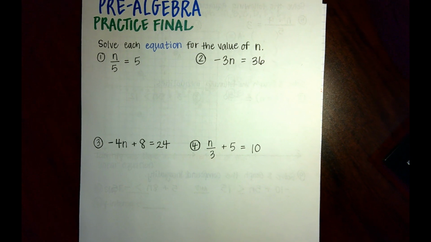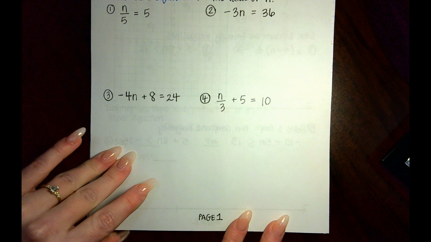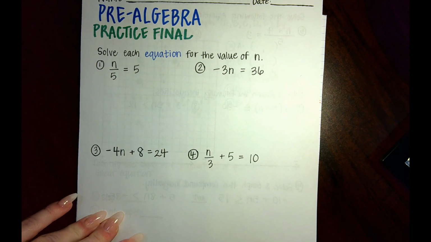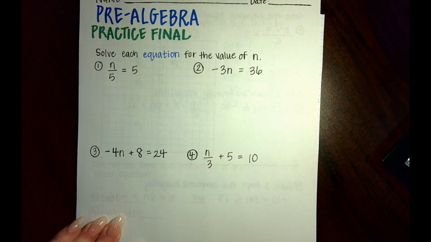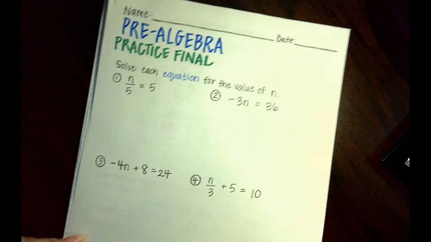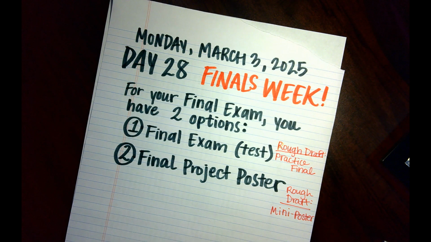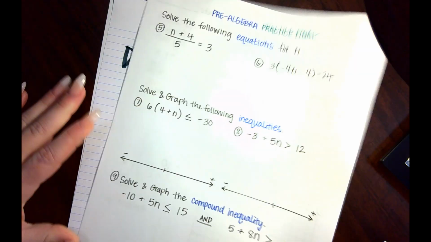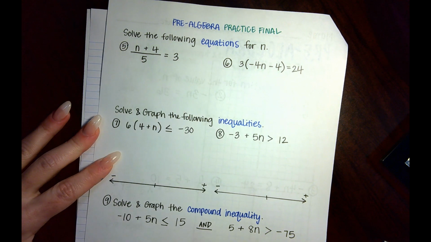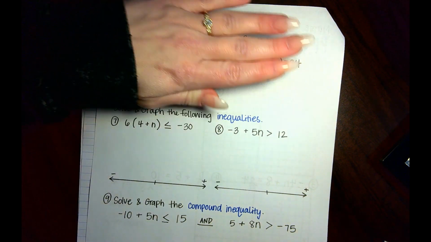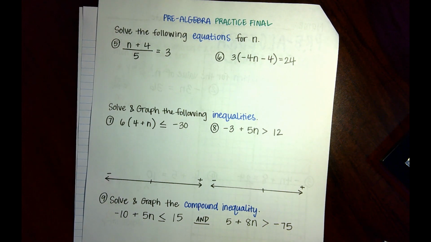So on the practice final, the first page, there will be 4 equations that you will solve. Flipping to page 2, there will be 2 more equations you'll solve, and then that is it for equations.